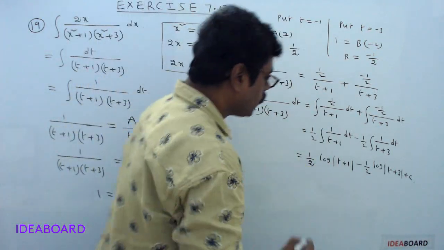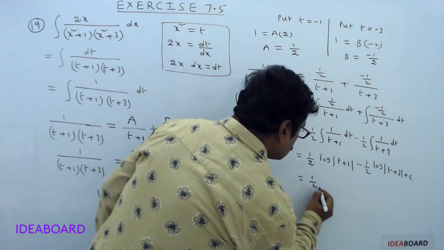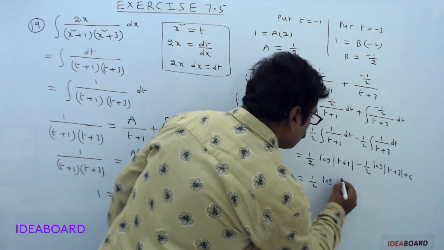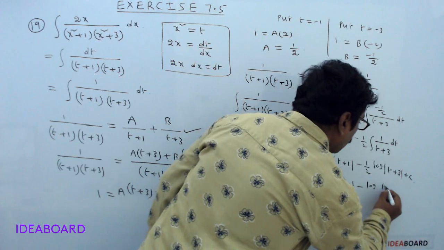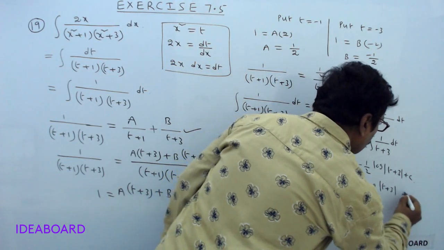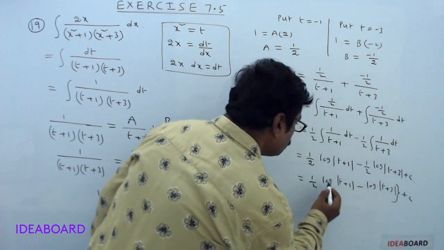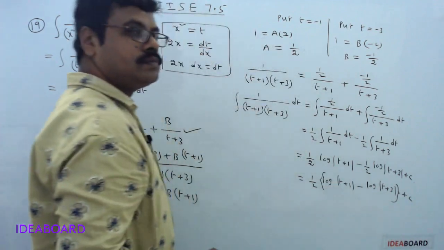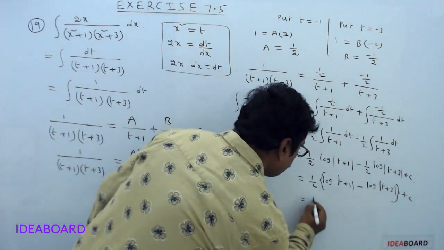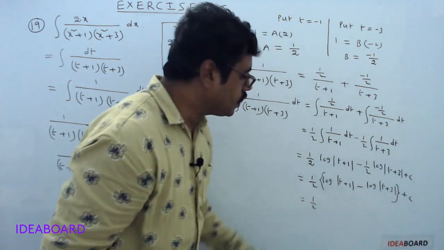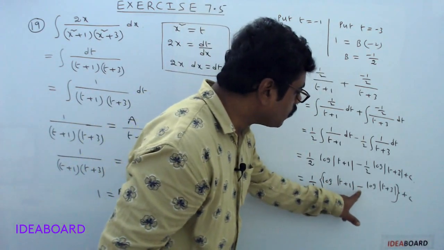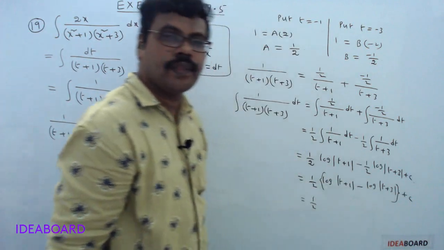Now take 1 by 2 as common factor. So this is 1 by 2 into log mod t plus 1 minus log mod t plus 3 plus a constant c. Now this expression is of the form log a minus log b.